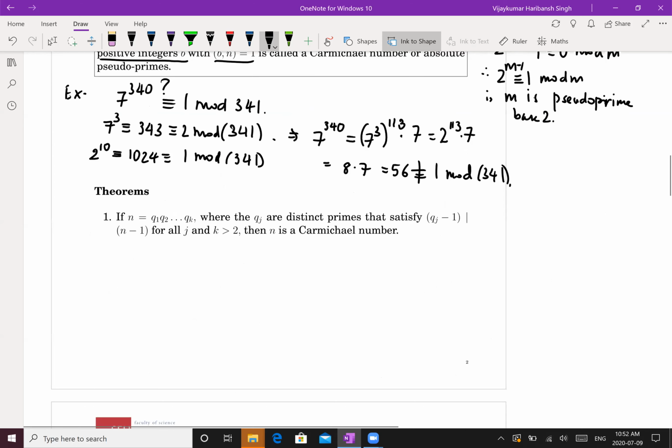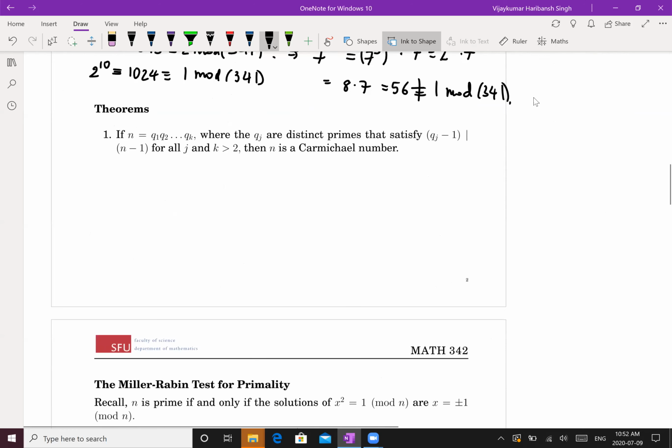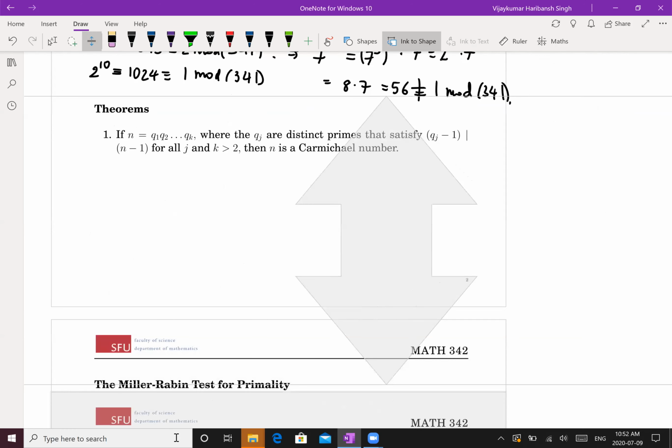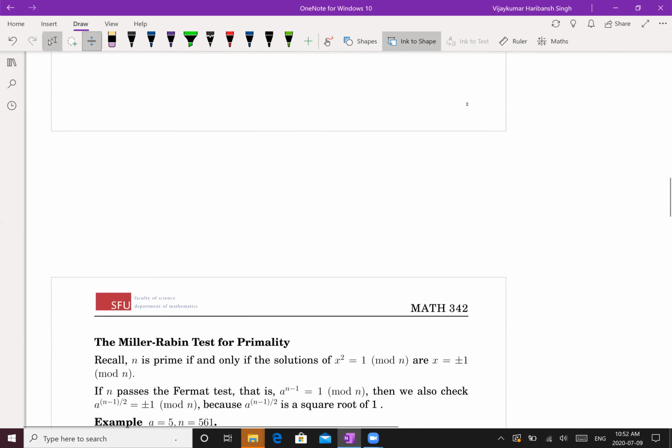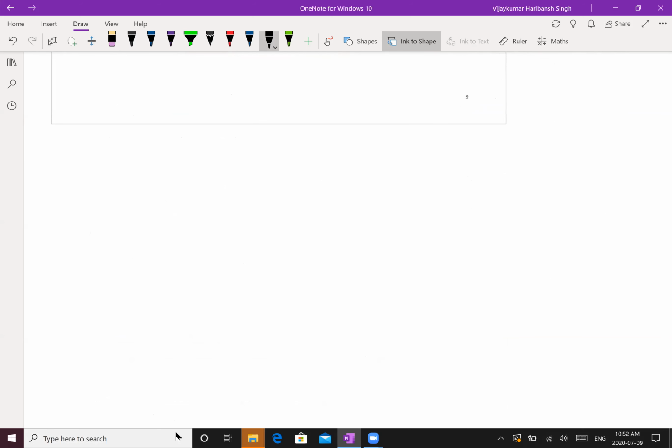So let's look at an example first. An example of a Carmichael number is the following. Consider n equals 561, which is the same as 3 times 11 times 17.